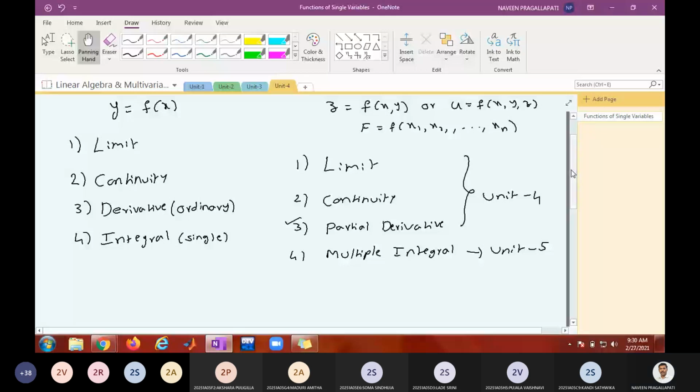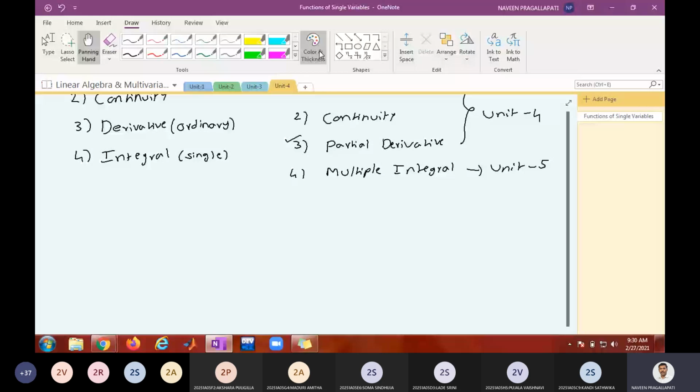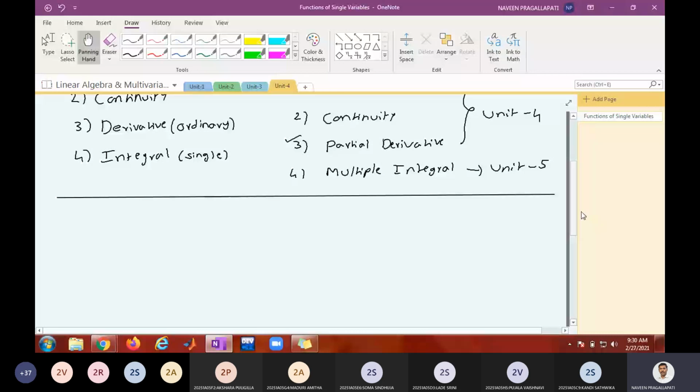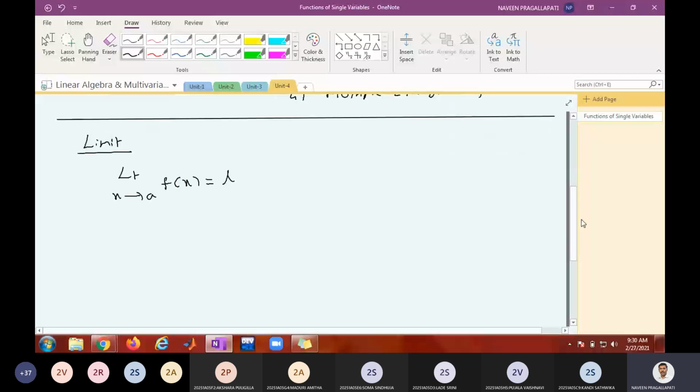Okay. Can anyone tell the definition of limit? What do you mean by limit x tending to a, f of x equal to L?